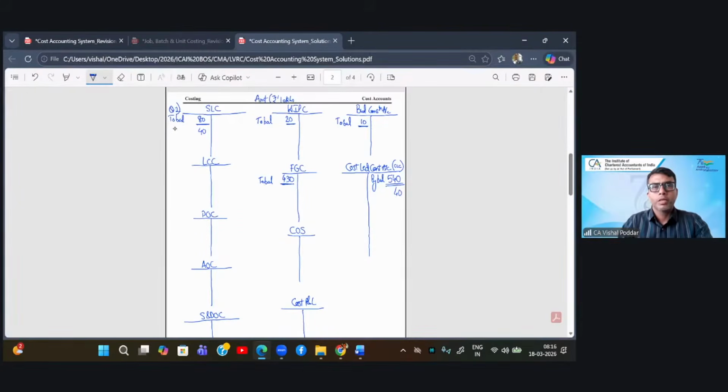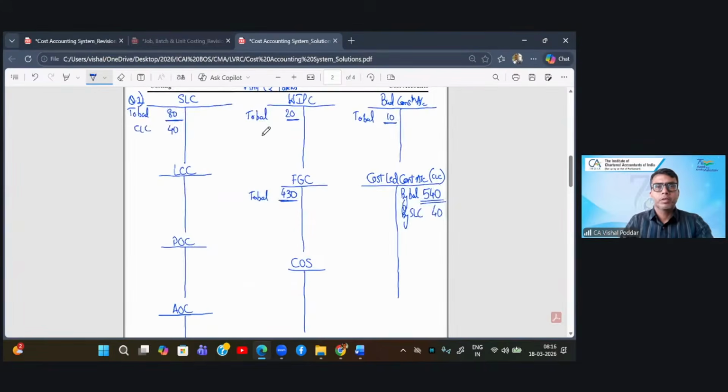So what will be the ledger account? You'll write to CLC here, and by SLC here. This is for purchase, correct? Then what is issued for production? You'll write by WIP, and here you'll write to SLC, correct?